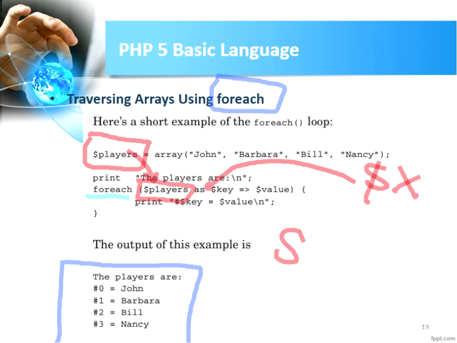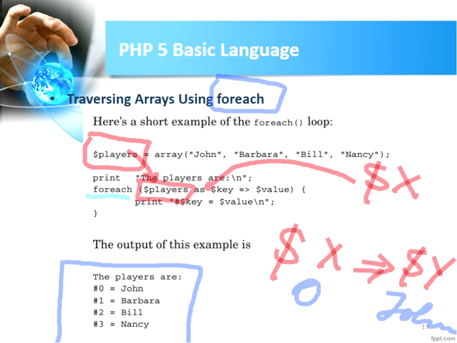But if I write $x implies $y, in this case, in the first iteration, x will be 0 and y will be John.